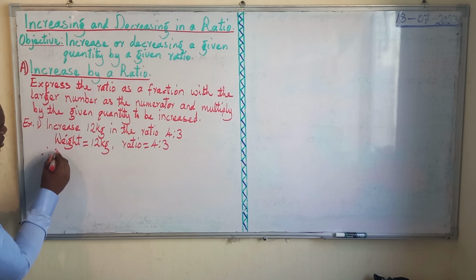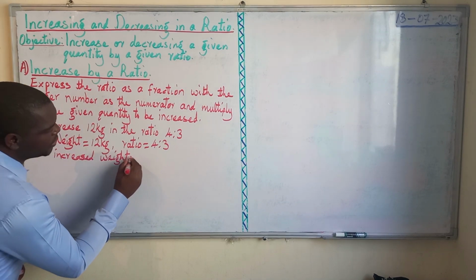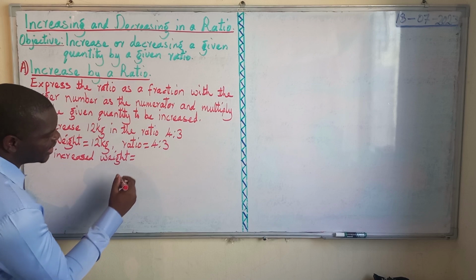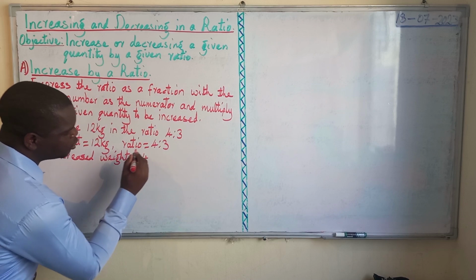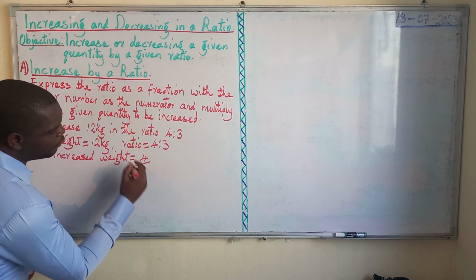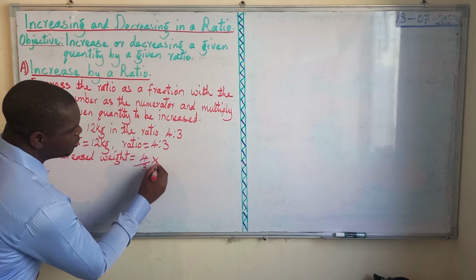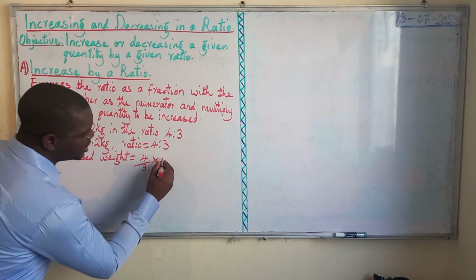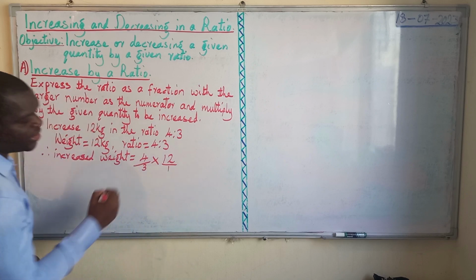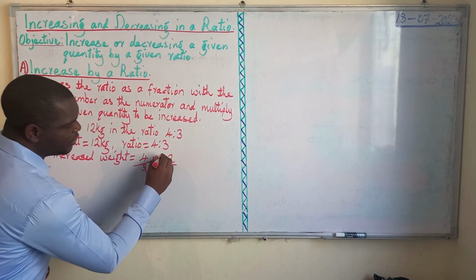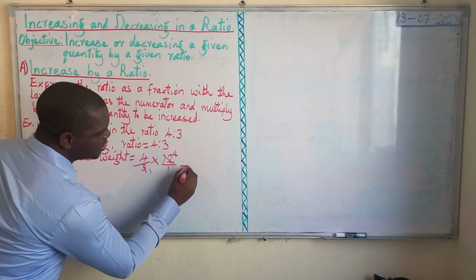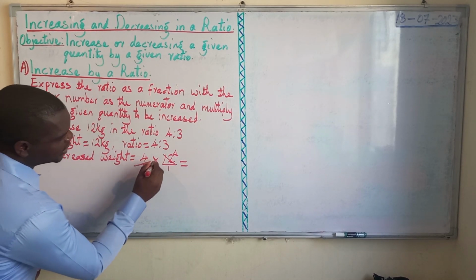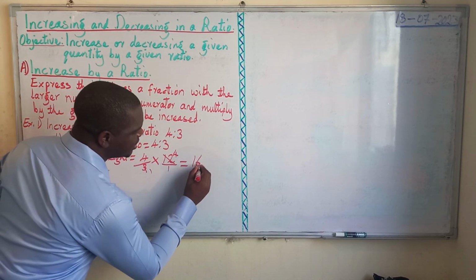Therefore, increased weight will be equal to this as a fraction. The numerator should be the bigger number, which is 4, over 3, and we multiply by the quantity to be increased, which is 12. You can express that over 1. 3 here 1 time, and 3 into 12 4 times. So our answer will be 4 times 4, which is 16 kg.